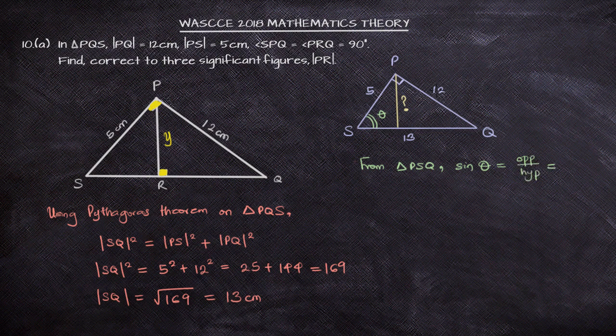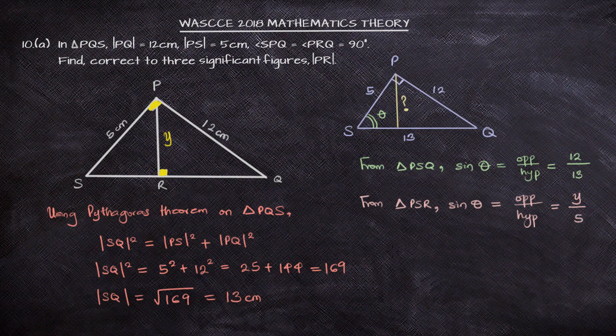So that opposite is 12, the hypotenuse is 13. Now, also from the triangle PSR, we can also define the same theta, sine theta is equal to opposite, which we are looking for, and the hypotenuse, which is 5. So that will be Y over 5.